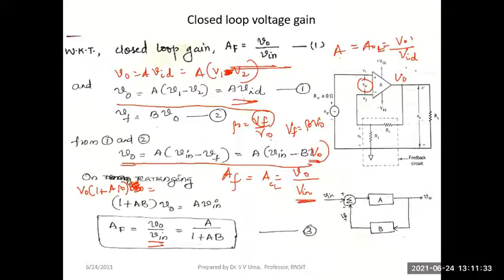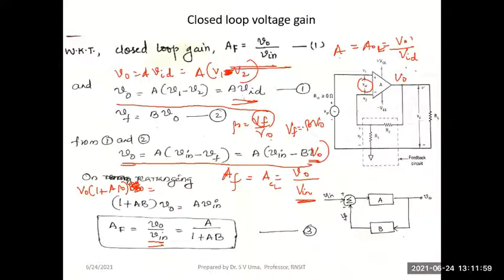V0 plus A into beta into V0 is equal to A Vin, as you can see. Therefore, AF, or the overall gain with feedback, is given as A divided by 1 plus A beta, as you can see here.